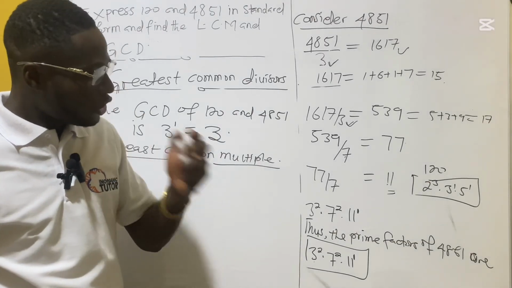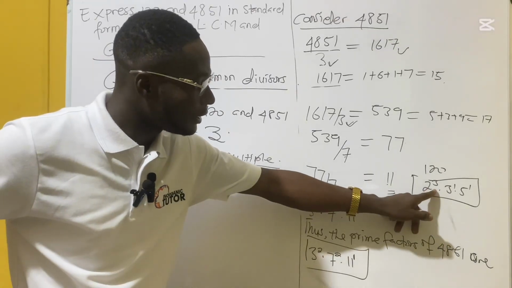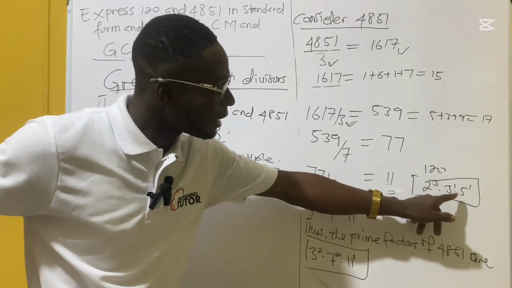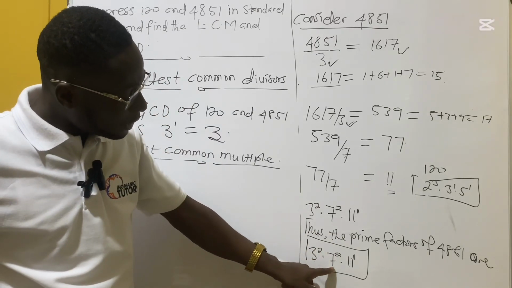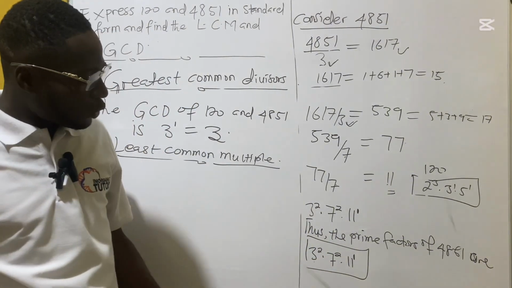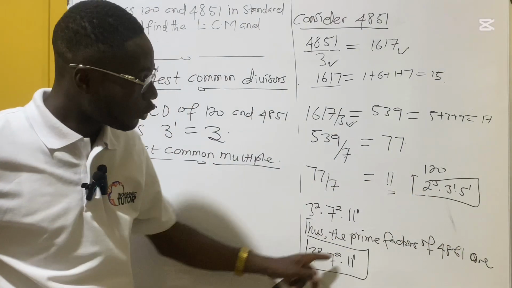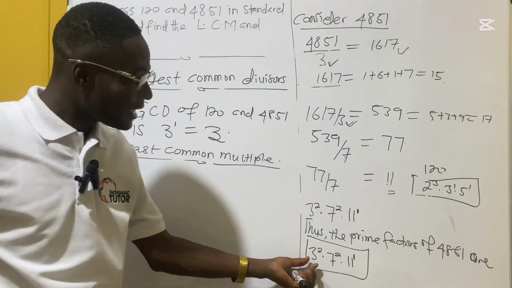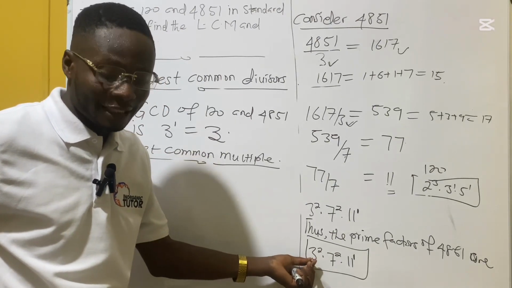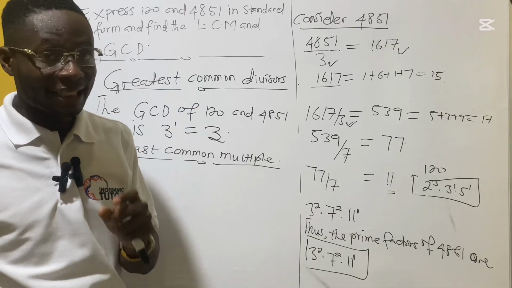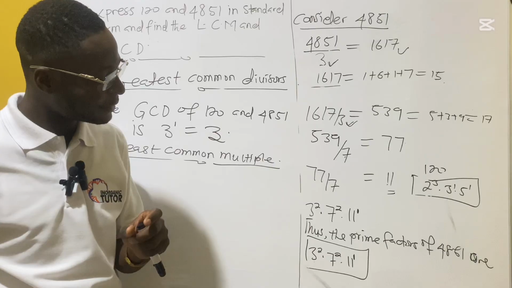So you check the prime factors for 120 is 2 power 3 times 3 power 1 times 5 power 1. And this is 3 squared times 7 squared times 11 power 1. So consider these two, compare them, and take each element with the highest power.